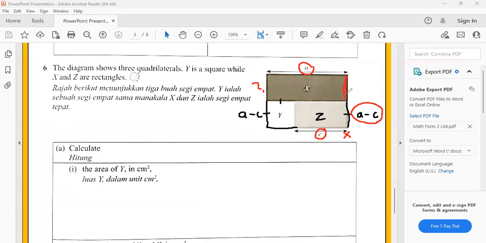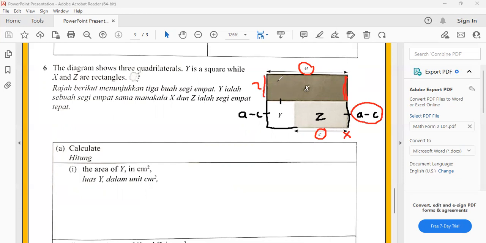This length, this height. Three quadrilaterals, Y is a square, while X and Z are rectangles. Okay? How do we find it? Any answers? How do you find the height?